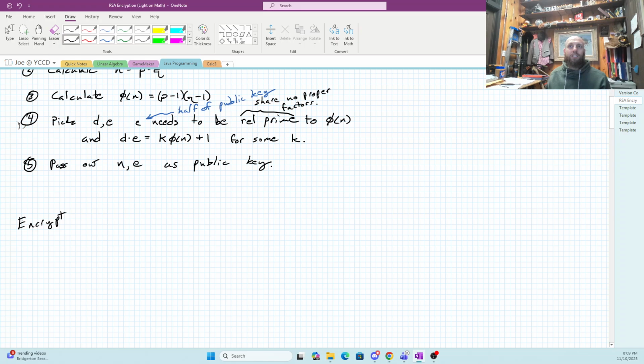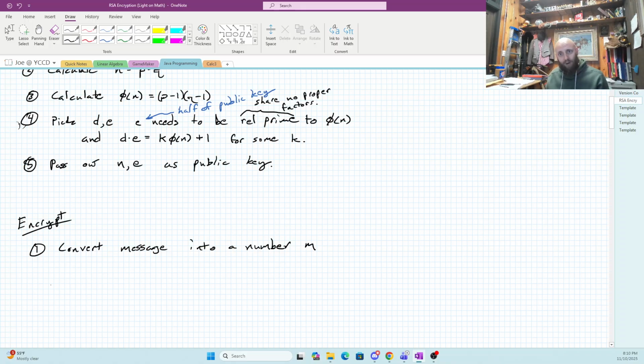Encryption is the slightly more complicated one. To encrypt, I'm first going to convert my message into some kind of number. I'm going to call that number M for message. How you do that is itself a relatively complicated process.